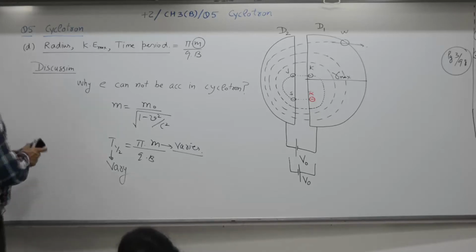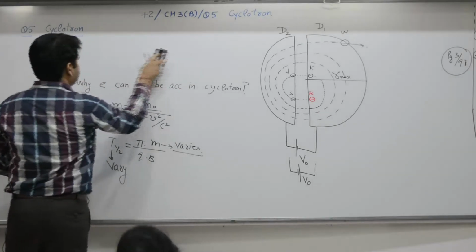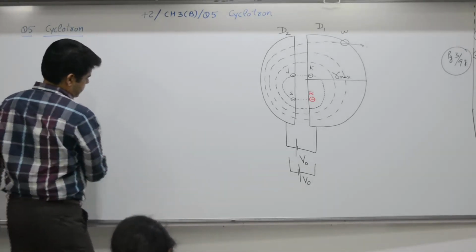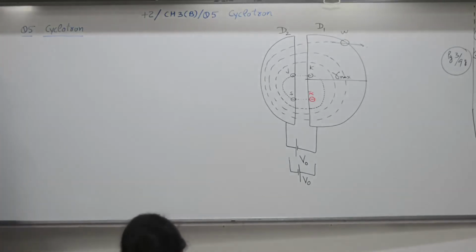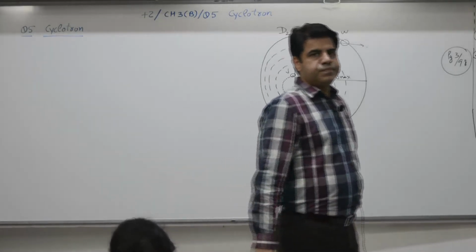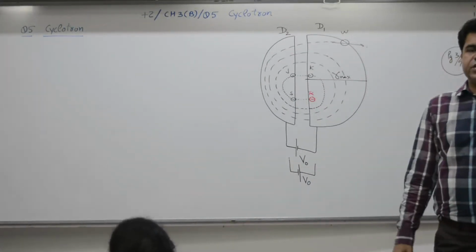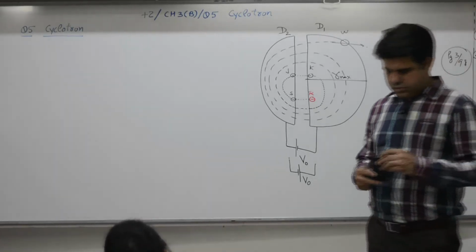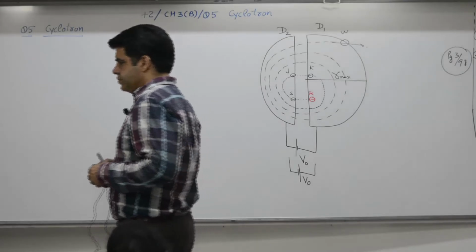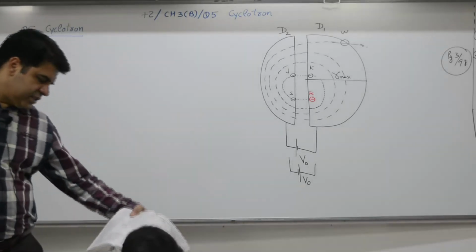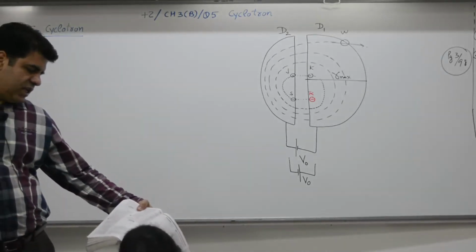One numerical on cyclotron. Numerical number 8, page number 3 by 98. The question is, a cyclotron's oscillator frequency is 10 megahertz.